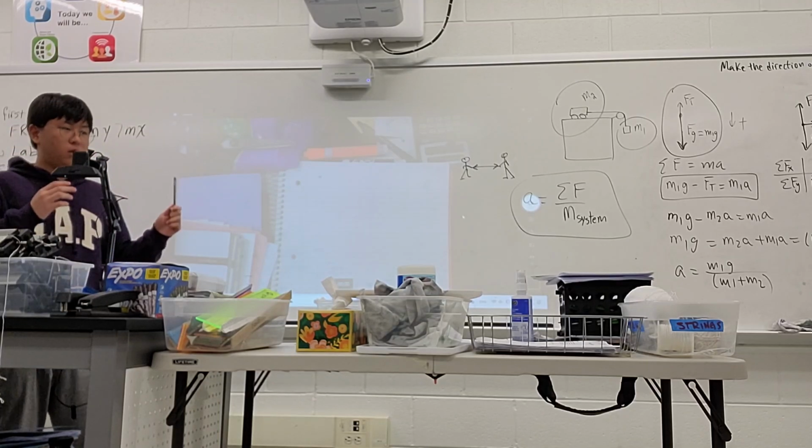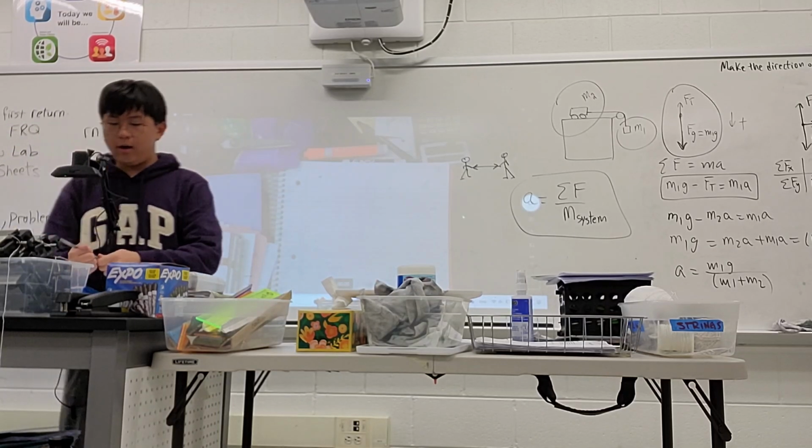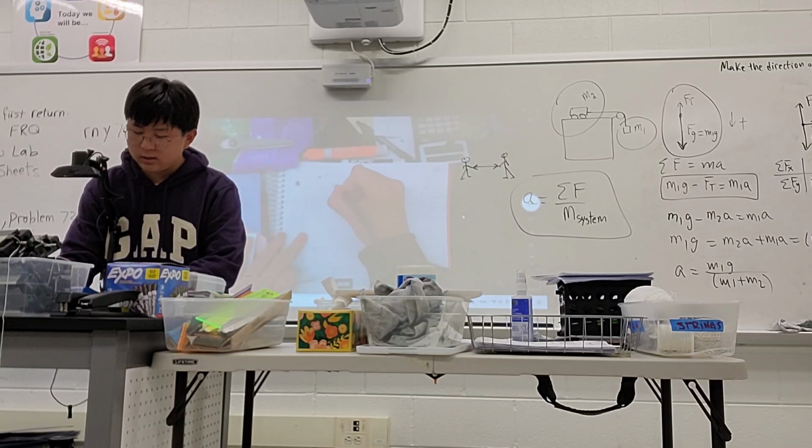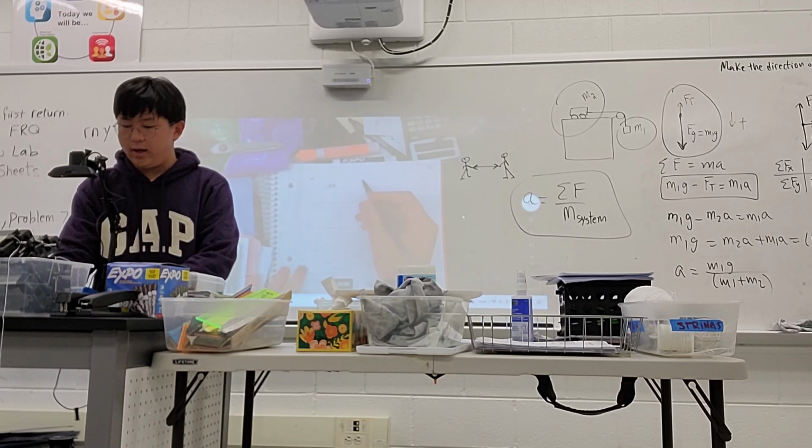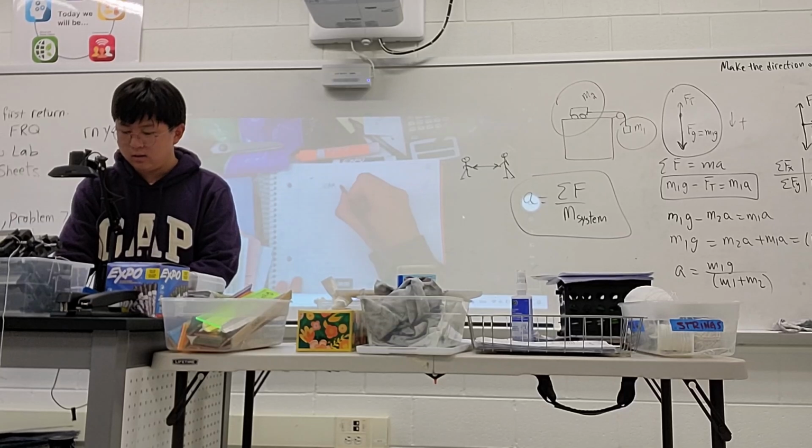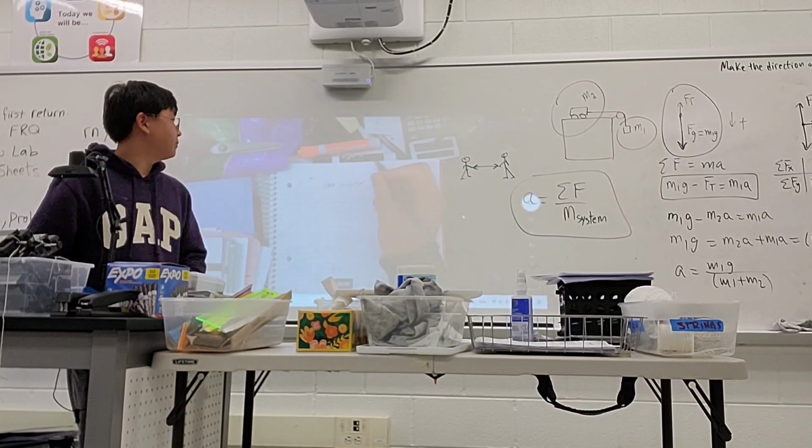So, I bet at this point you know the uniformly accelerated motion equations, right? Like delta x equals velocity initial t plus half a t squared, something like that.